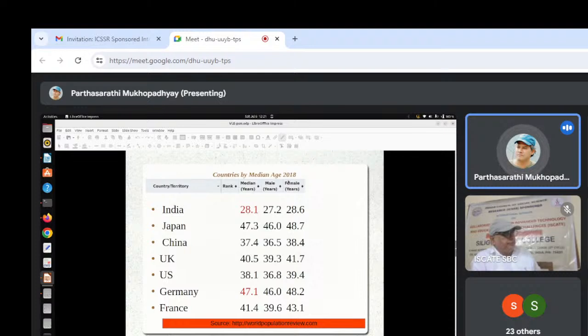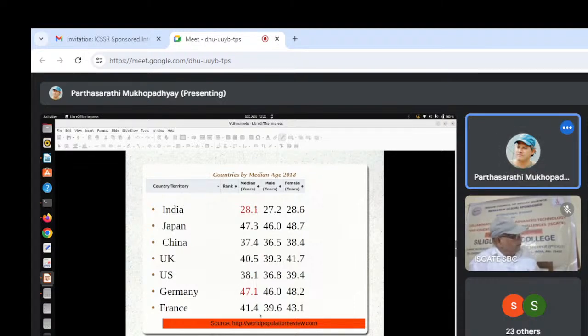Why 2018, I will explain. This 2018 data shows that the median age of the Indian population is 28.1. We are 20 years younger than our Japanese counterpart, 10 years younger than our Chinese counterpart, our nearest rival, and the oldest nation of the world is Japan, 47.3, followed by Germany, 47.1, on the basis of median age of population.